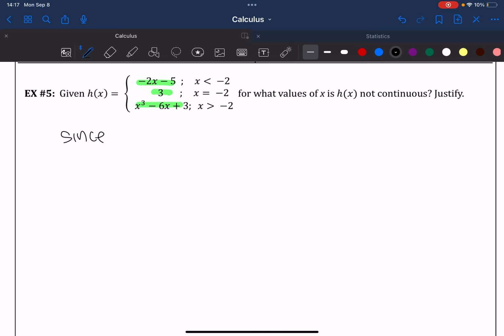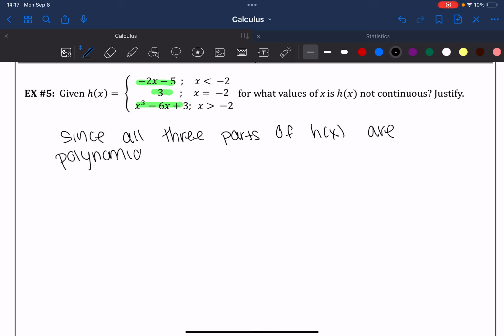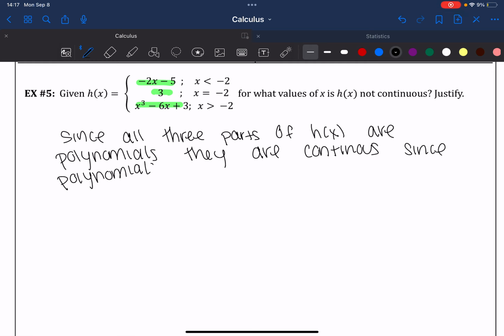So since all three parts of h of x are polynomials, they are continuous, since polynomials are continuous everywhere. Okay, that's our first part.